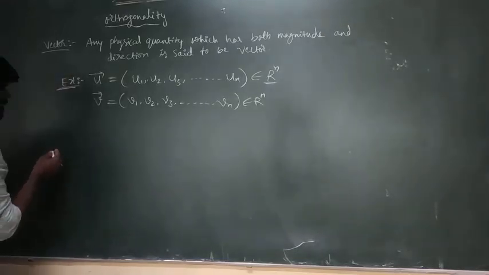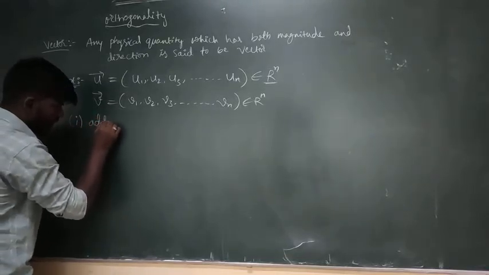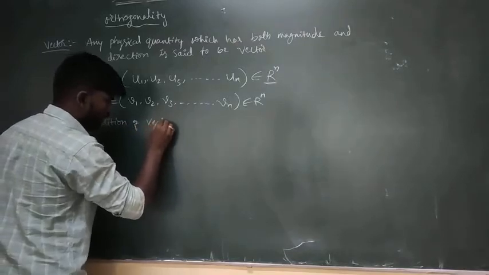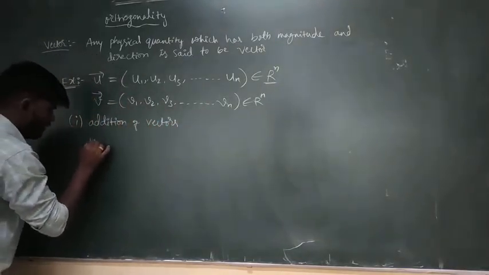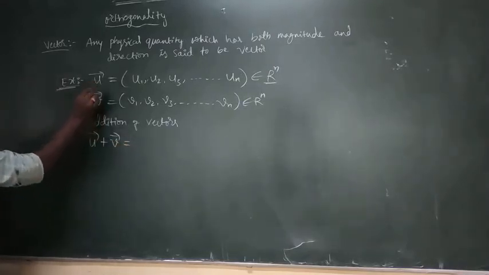The first property is addition of vectors. If we add these two vectors, the vector looks like u plus v.